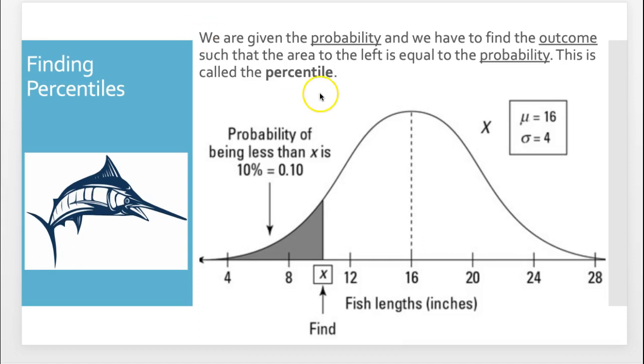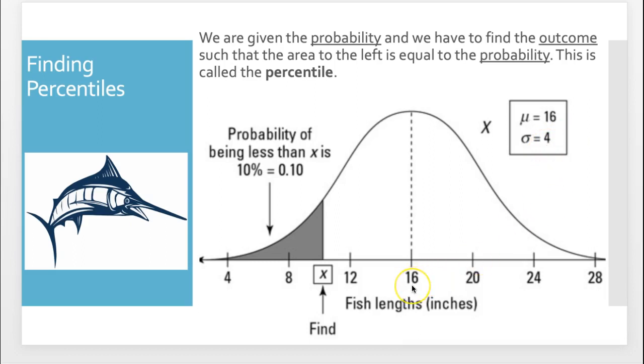Here we have a distribution of fish lengths, in inches. What we're saying is that if we were to record a bunch of fish lengths and create a histogram, we would model it using a normal curve. The average fish length is 16 inches, the standard deviation is 4.